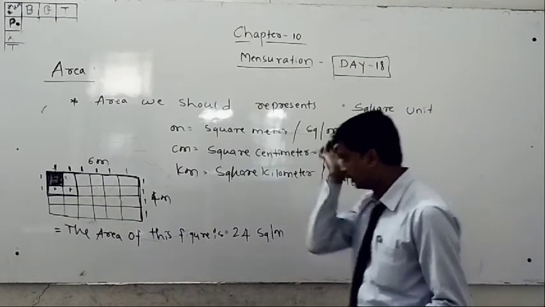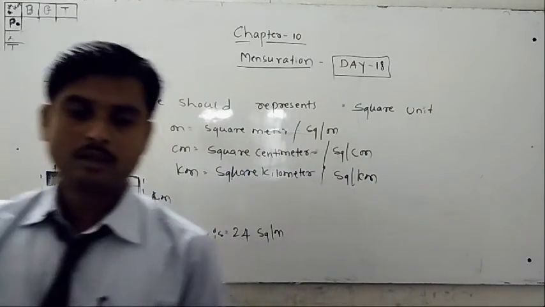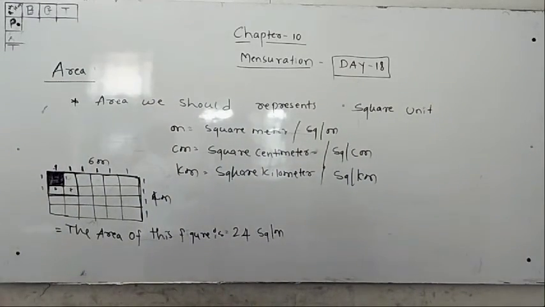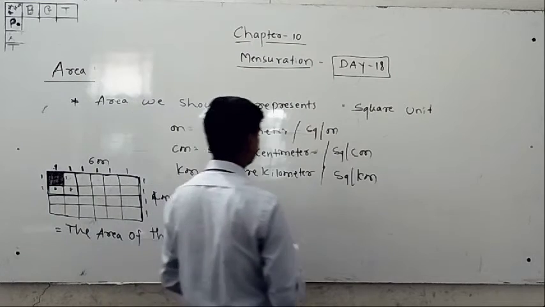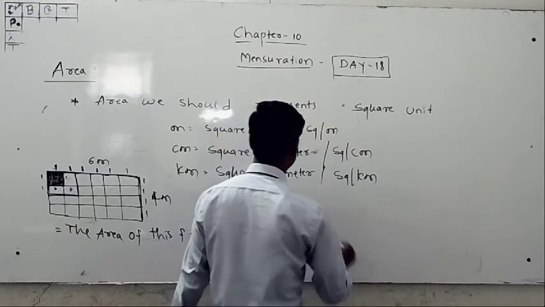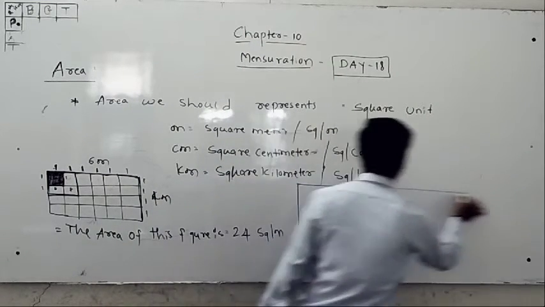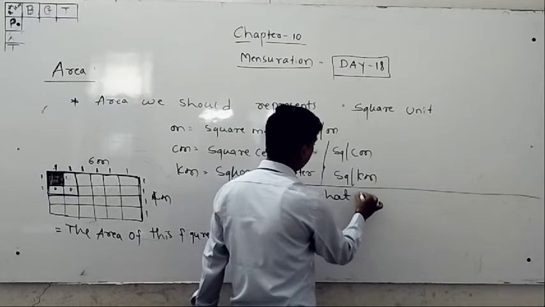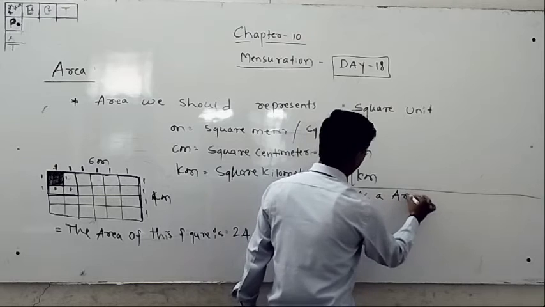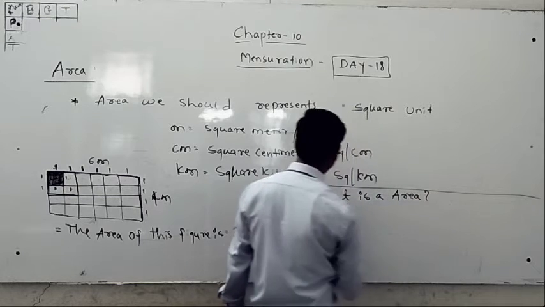Understand? Okay. Remember, and I am going to discuss what is area. What is area means, all of you write this. What is area? Question mark.